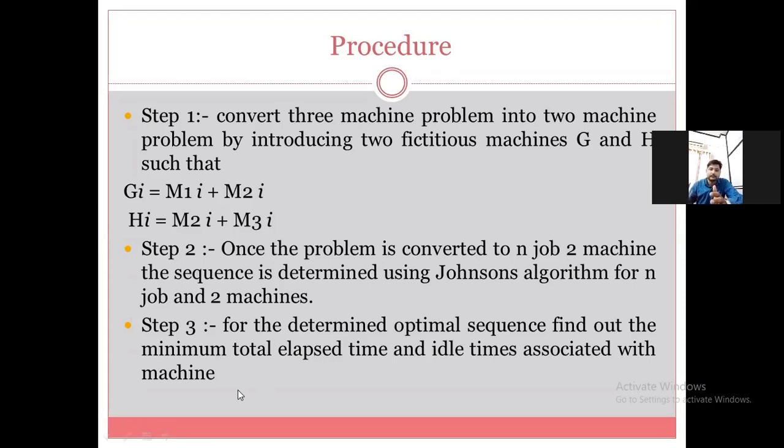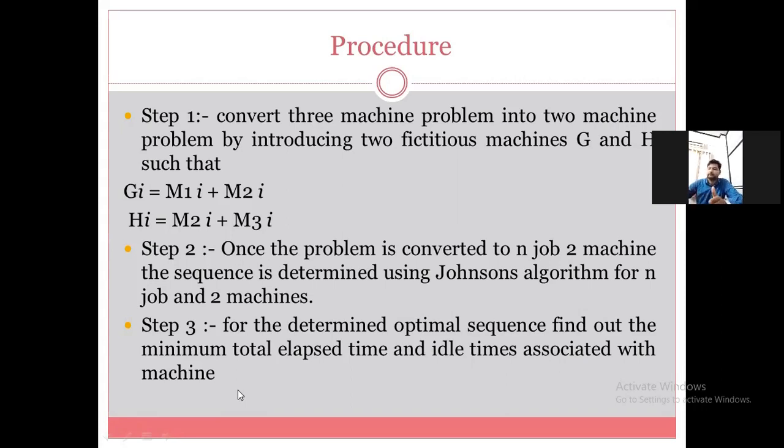If the condition is satisfied, we convert the three machine problem into a two machine problem. Then we use Johnson's algorithm for n jobs and two machines, and after that we determine the optimal sequence of processing the jobs on the three machines.